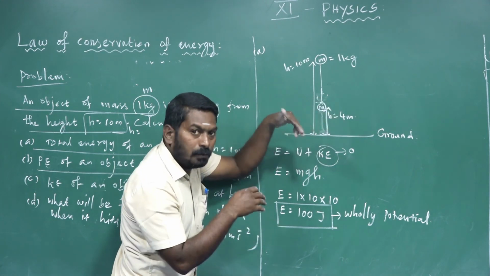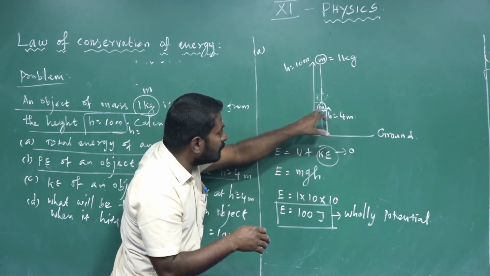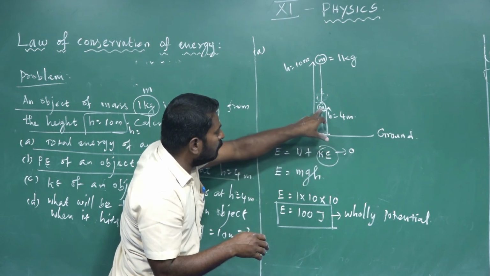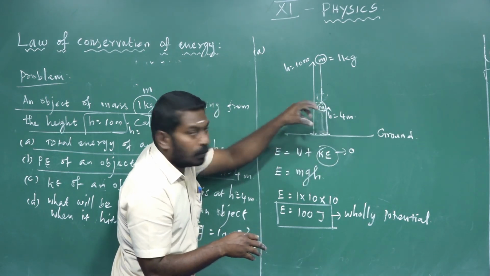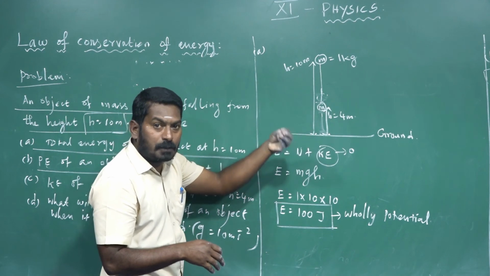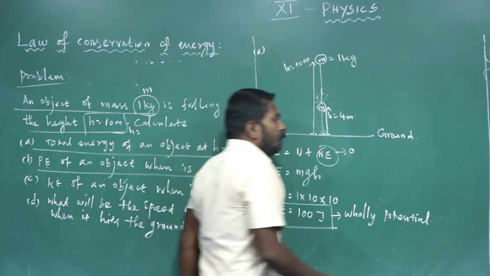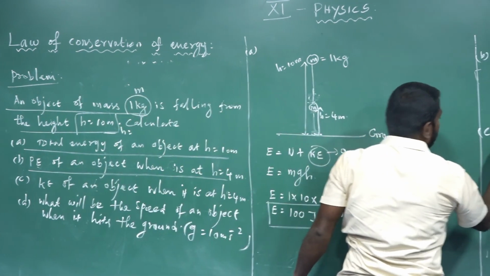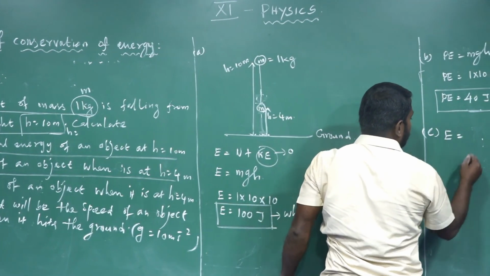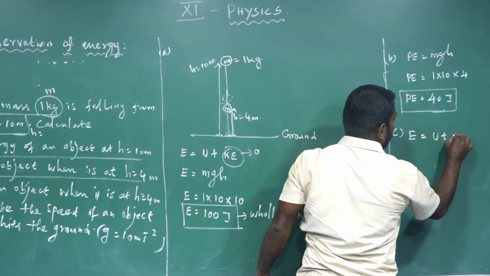That's why it possesses both kinetic and potential energy. So at that instant, the total energy possessed by the body is the sum of its potential and kinetic energy. So total energy E is equal to the sum of its potential and kinetic energy.